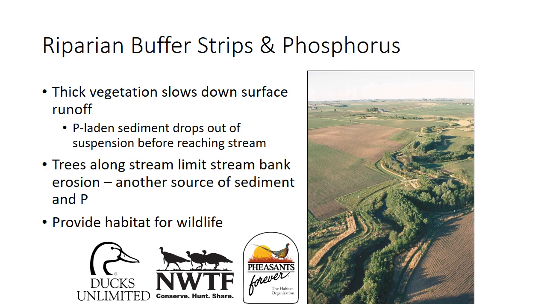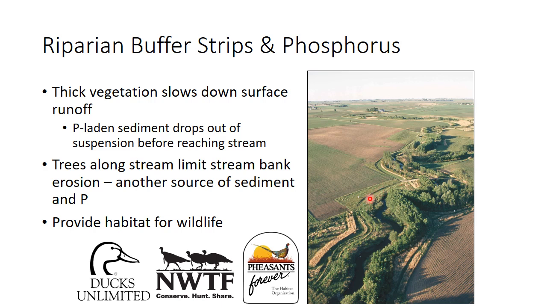So this could be forested riparian buffer strips, or it could be grass filter strips. But the idea is that if we have standing plants that can slow down the water as it's running off of the uplands toward a stream, as soon as that water hits these buffer strips, that water is going to slow down. And as it slows down, the sediment that is being held by the water will start to filter out and get trapped in all this vegetation that's along a stream.